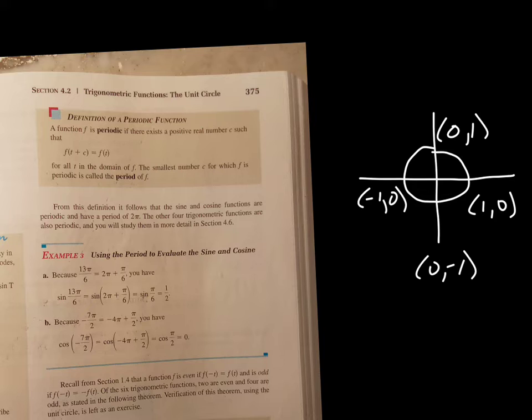So what we're going to take a look at is, like, let's say we have cosine of 0. So then remember, cosine is our x values on the unit circle. So the cosine of 0 is 1. And so then we can just say that right now.